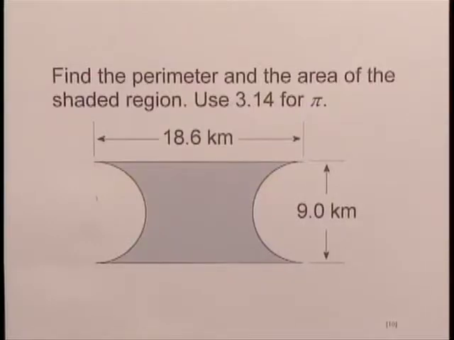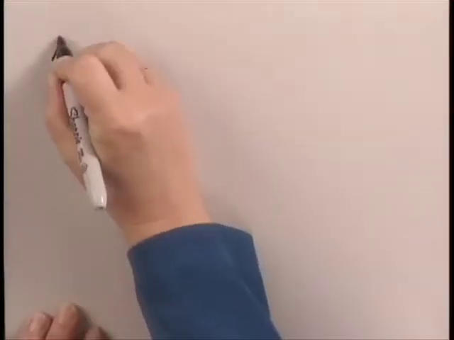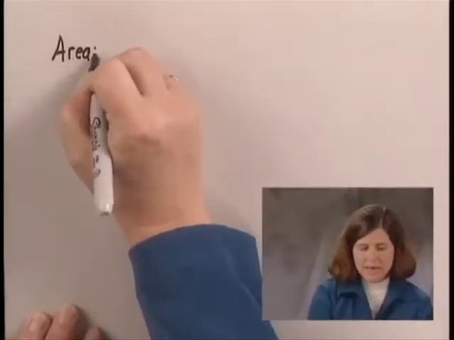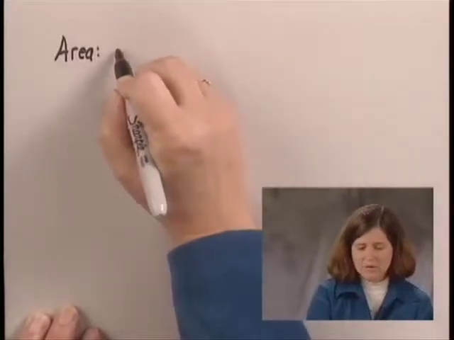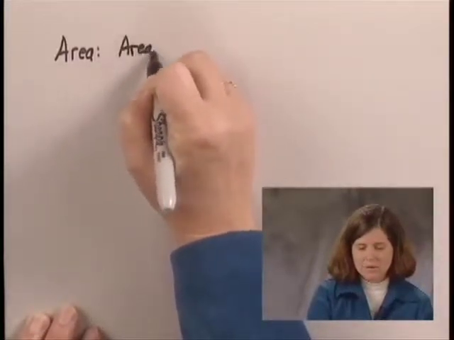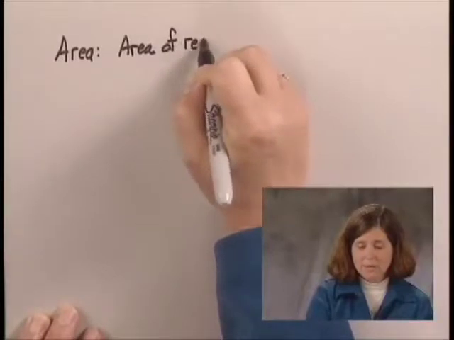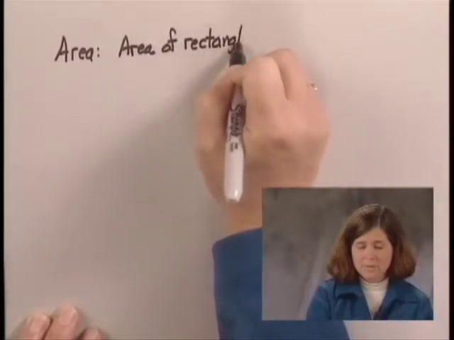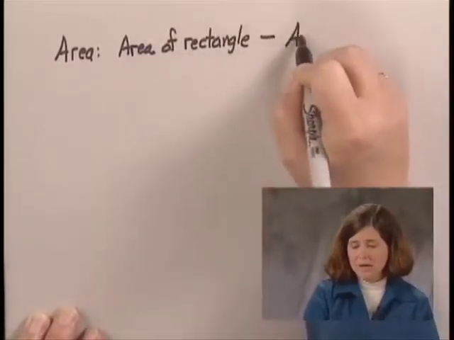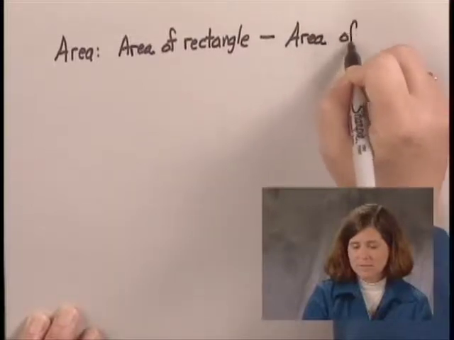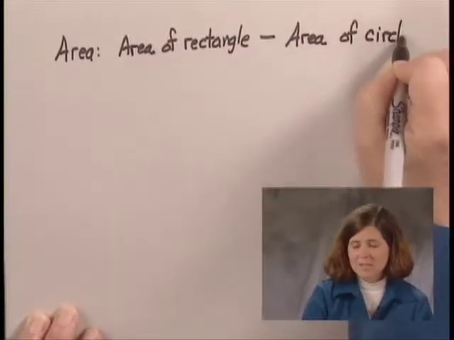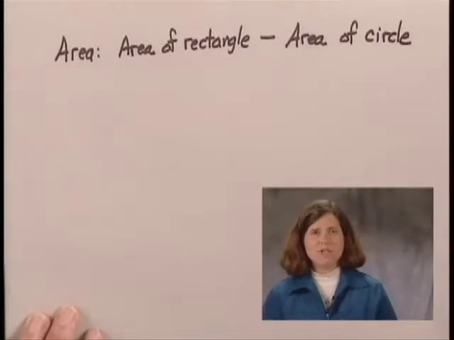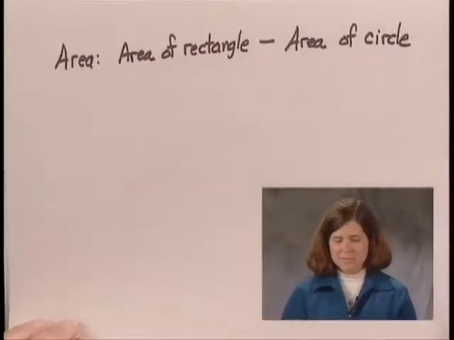So for the area, I should be able to write this as the area of the large rectangle minus the area of a circle. The key to these problems is being able to see those shapes inside a figure like this.